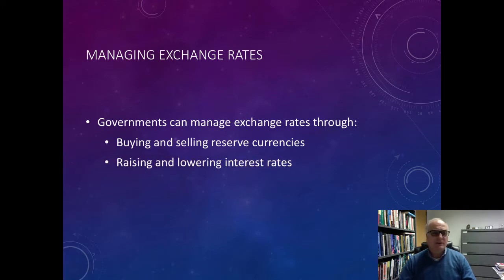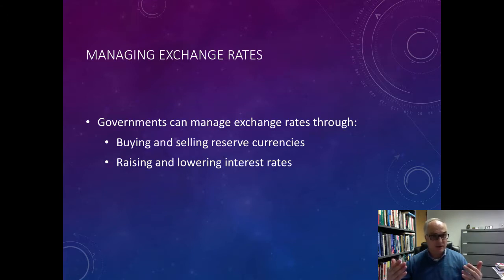Another thing that governments can do, and this is much more powerful, is raising and lowering interest rates. So when central banks raise their interest rates, it tends to increase the value of their currency because it makes their country more attractive for foreign investors.